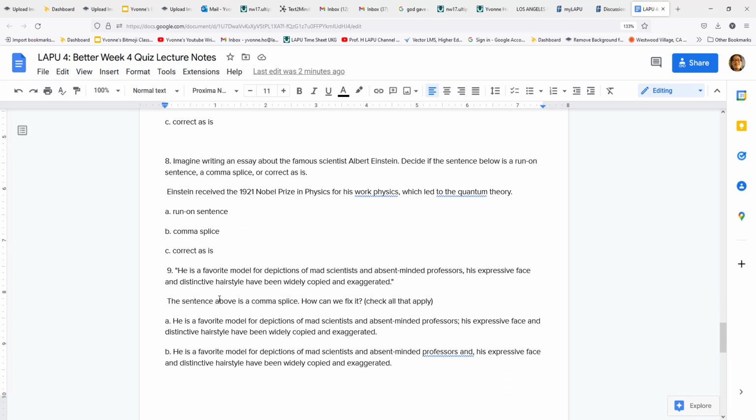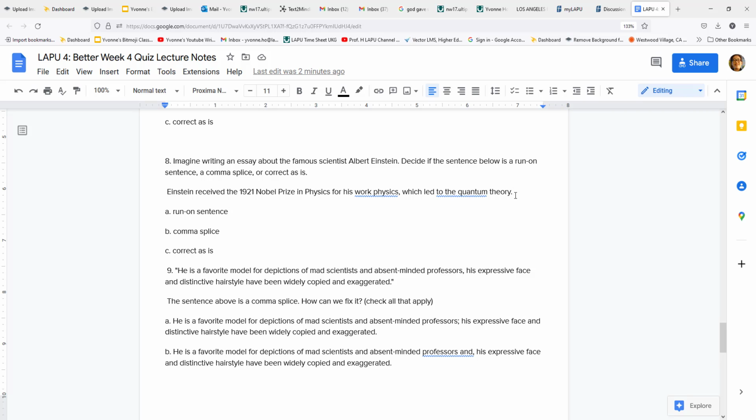Imagine writing an essay about the famous scientist Albert Einstein. Decide if the sentence below is a run-on sentence, a comma splice, or correct as is. Here you have a relative clause. When we have an unimportant relative clause at the end of a sentence, then we use a comma.